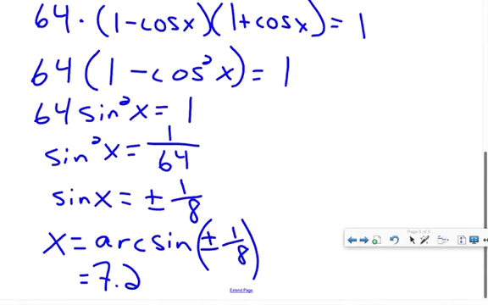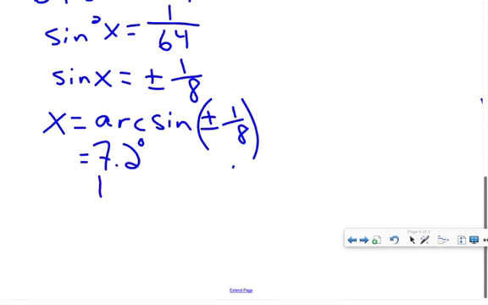So if I take that into consideration with this angle, 7.2 degrees is a value of x, and so is 180 minus 7.2, which is 172.8.